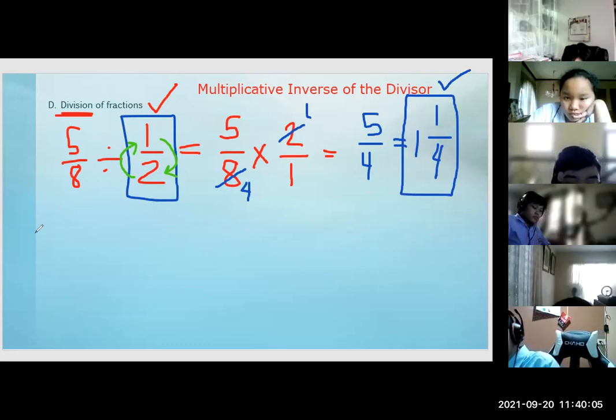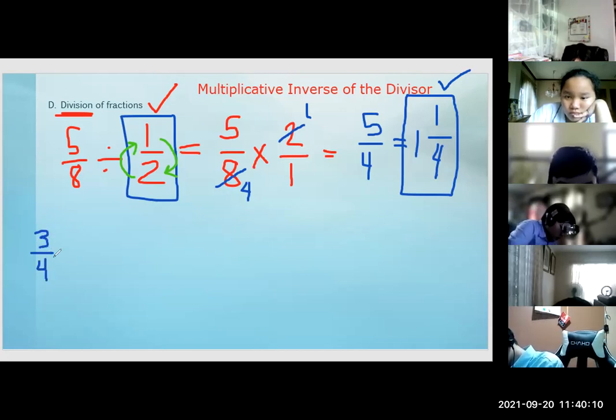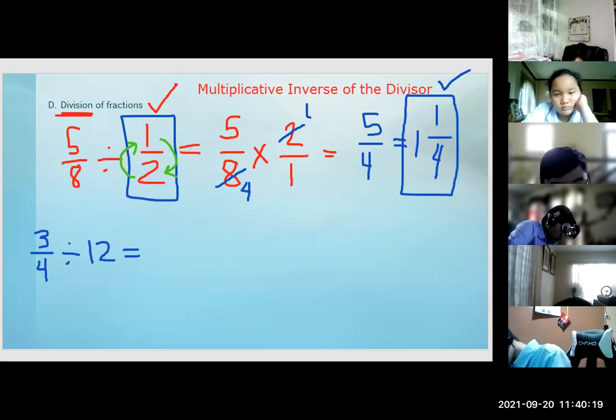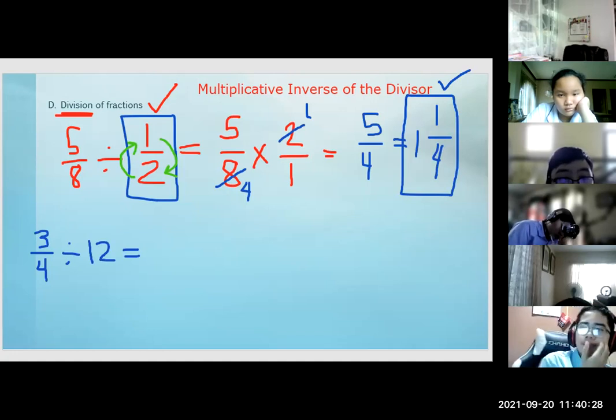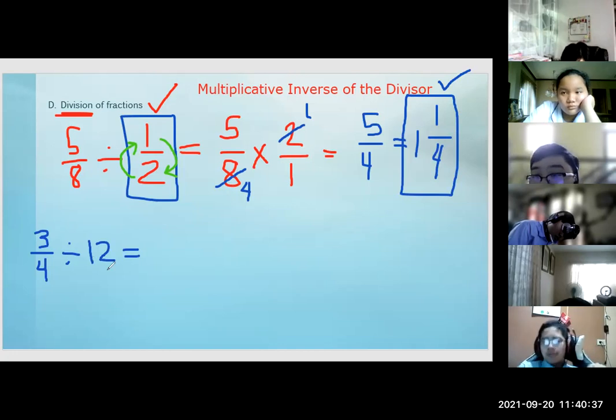Next, another example. Let's have 3/4 divided by 12. We know that if the given is a whole number, the denominator of that whole number is what? 1, right?